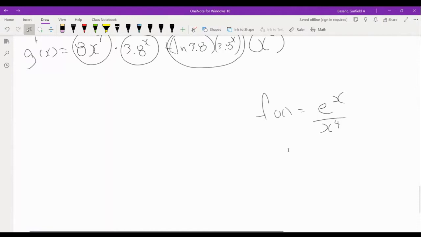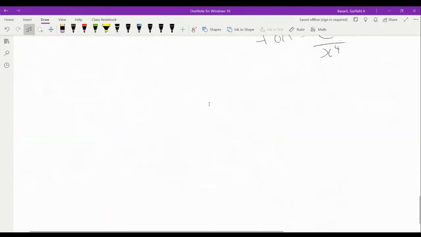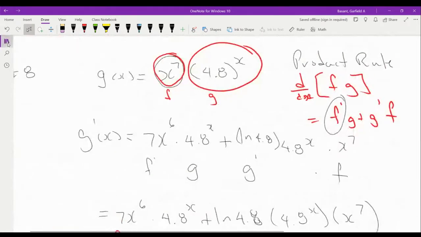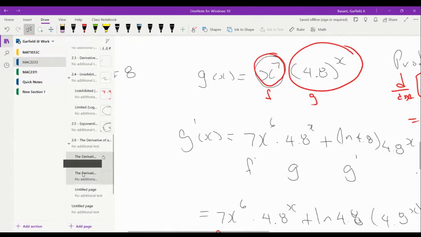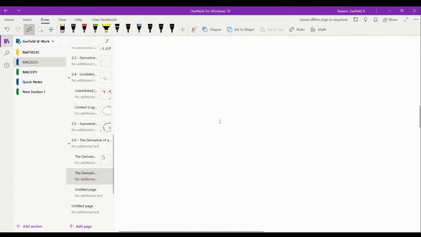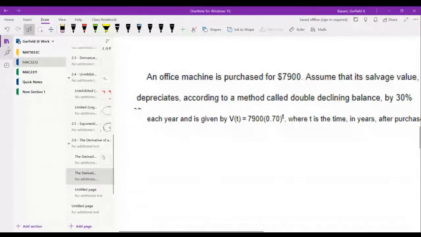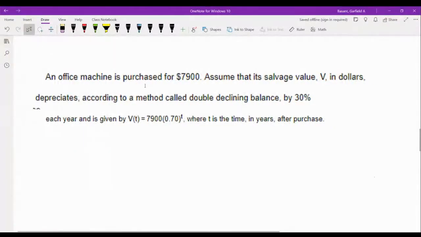All right, I want to look at one more problem here. I thought I copied it, but okay, I just put it in the wrong section.